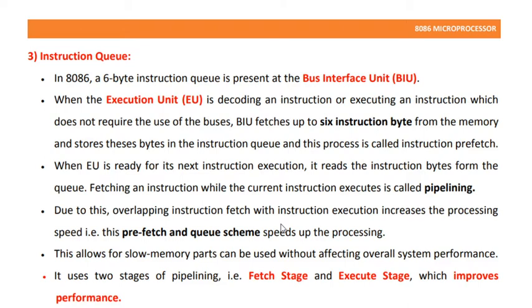The execution unit is responsible for decoding or execution of the instruction, as specified by the name. Whereas the bus interface unit is responsible for making available the instruction byte and the data byte required by the execution unit in order to execute the instruction.